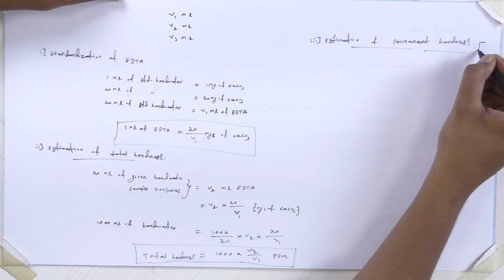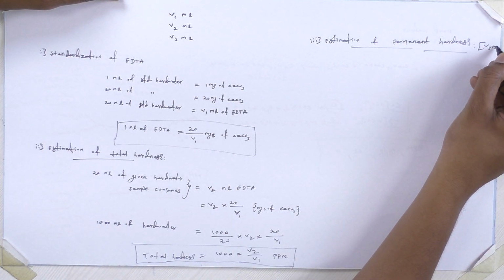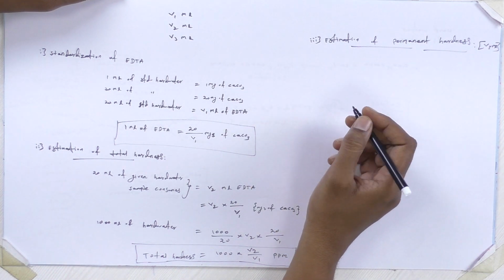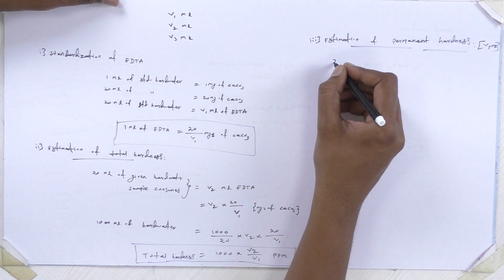For estimation of permanent hardness, you boil the water, the temporary hardness making ions settle down, you filter it, take the filtered sample and titrate against EDTA, and you get the V3 ml value. By using this V3 ml, we make this calculation.